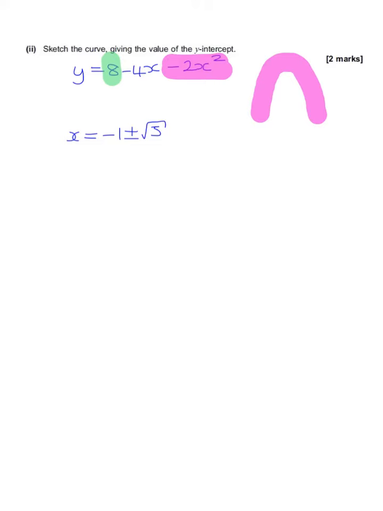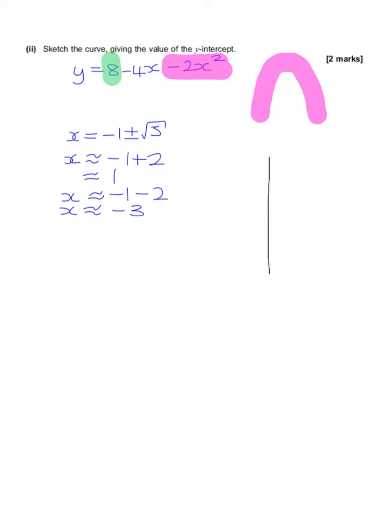Root 5 is slightly bigger than root 4. We know that root 4 is 2, so x is approximately equal to minus 1 plus 2, which is approximately 1, or x is approximately equal to minus 1 minus 2, so x is approximately equal to minus 3.